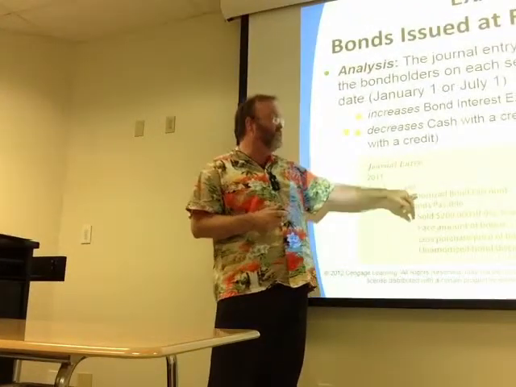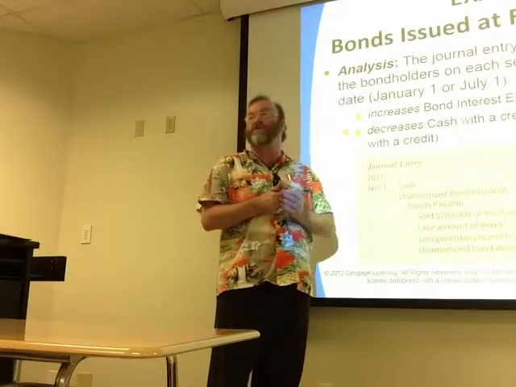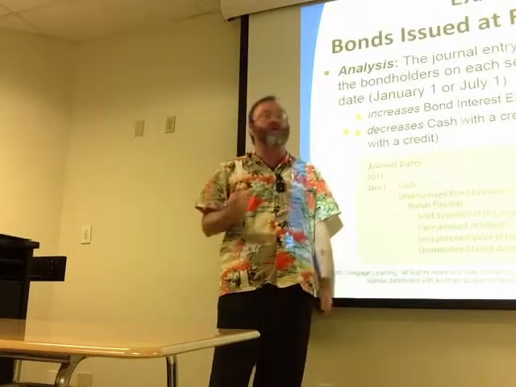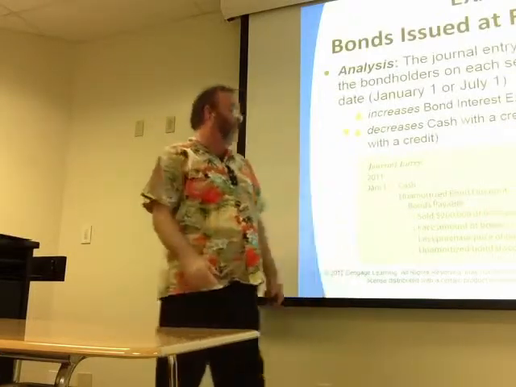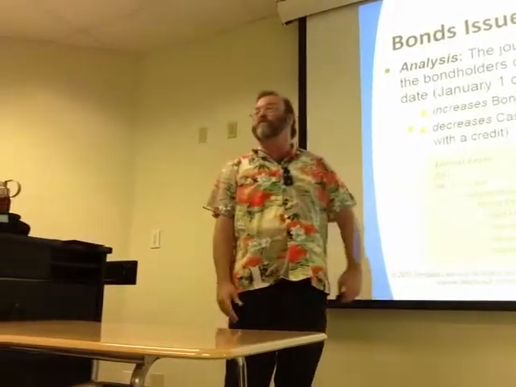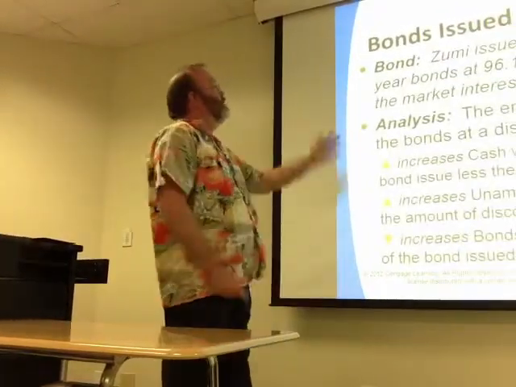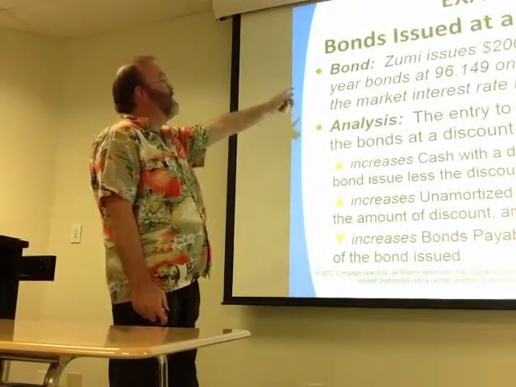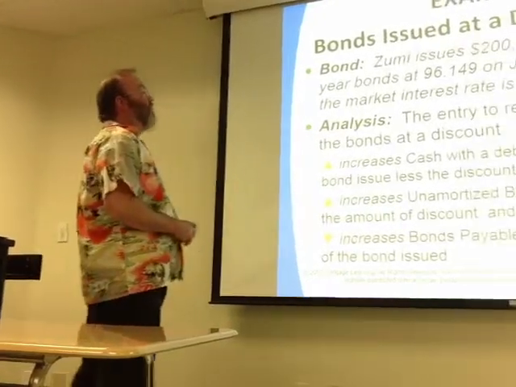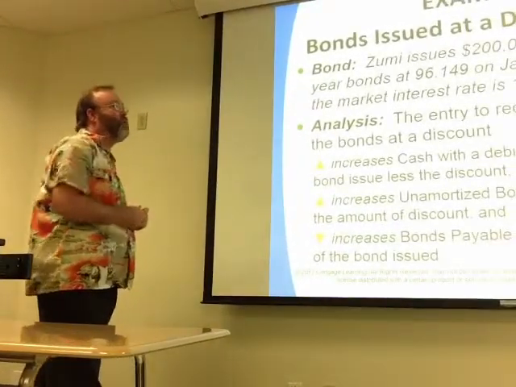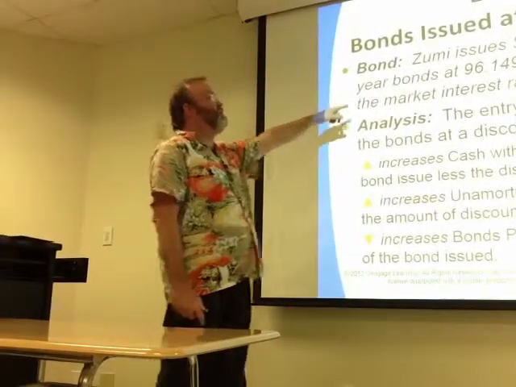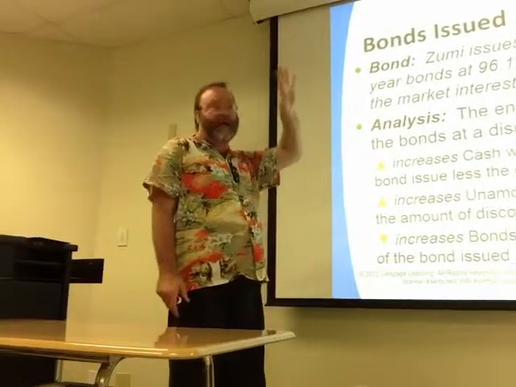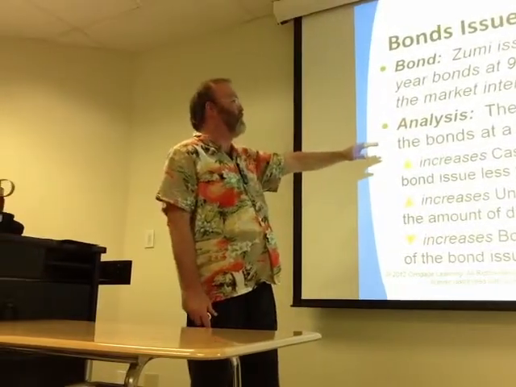All right? So this $7,702 is really extra interest to the bondholders over the next 5 years. Here's the 200,000, 9%, 5-year at 96.19. The market interest rate is 10%, and I'll show you how we can calculate that price using present value tables.